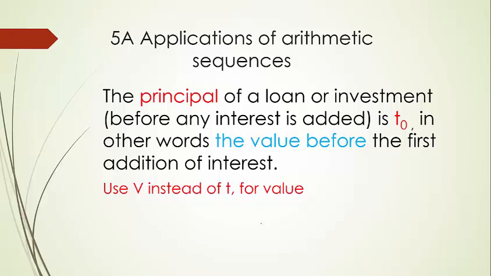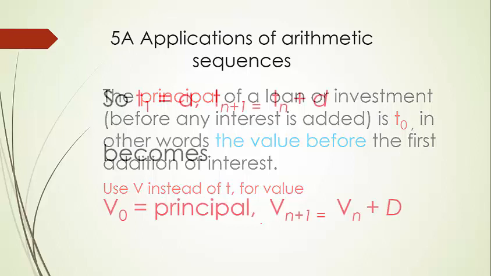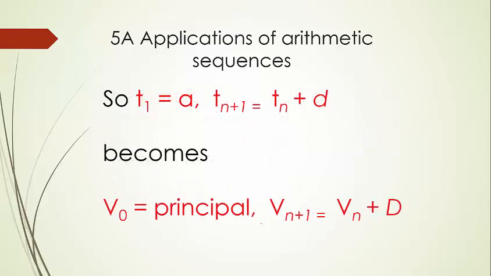Now I'm talking about V because we're going to use the letter V for value instead of T. So if you're doing an ordinary sequence, T1 equals a, that's fine, but in this example V0 is the first term. Let's see the whole thing. T1 equals a, etc. becomes V0 is the principal, a, or whatever you want to call it, Vn plus 1 is Vn plus d.